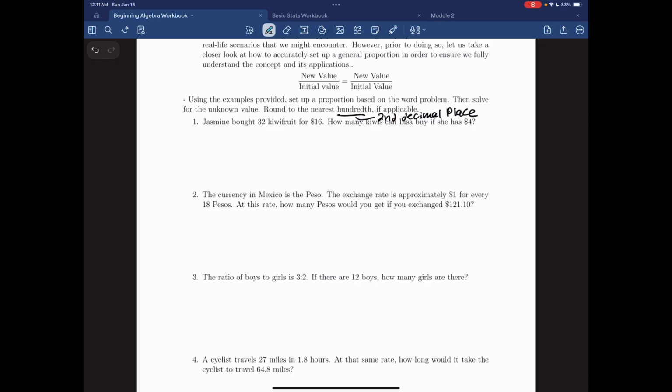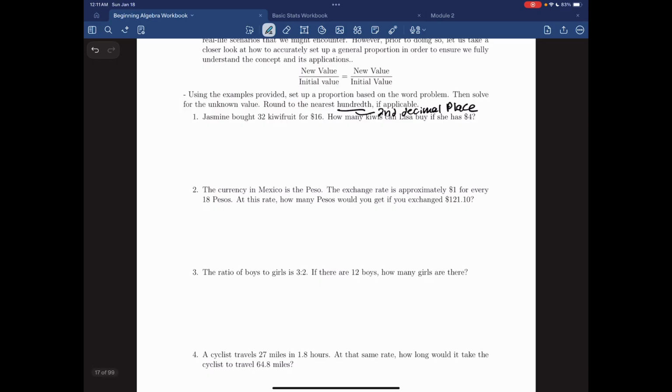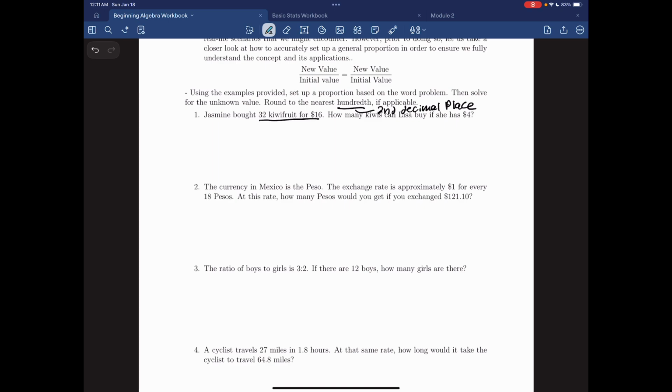Well, to solve this, I'm going to first write this ratio out here. So we have 32 kiwi for every $16. So that means for every $16 Jasmine spends, she can get 32 kiwi.